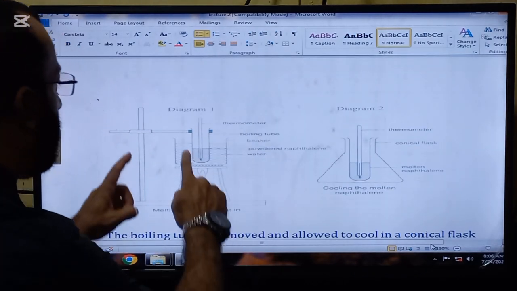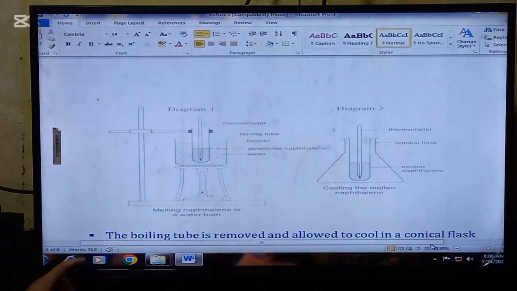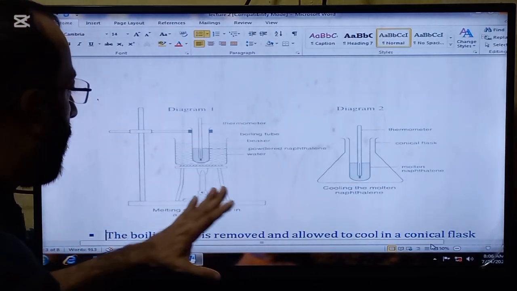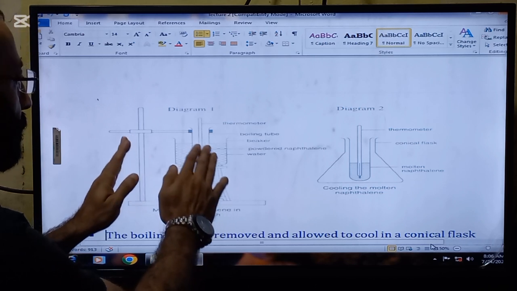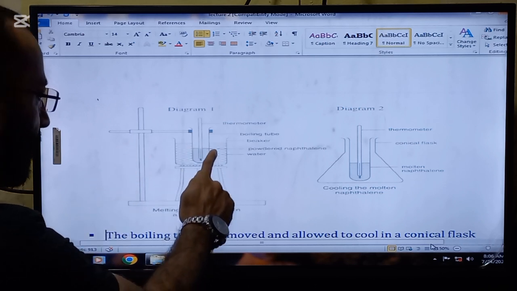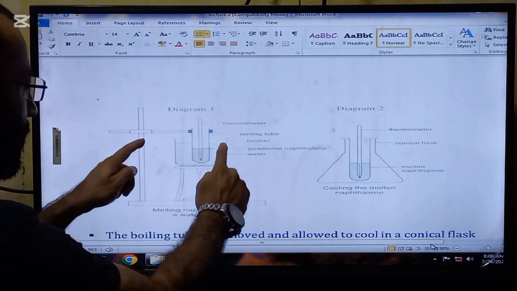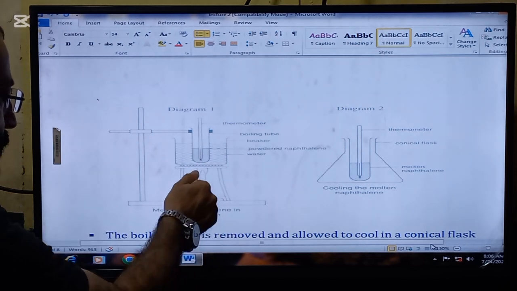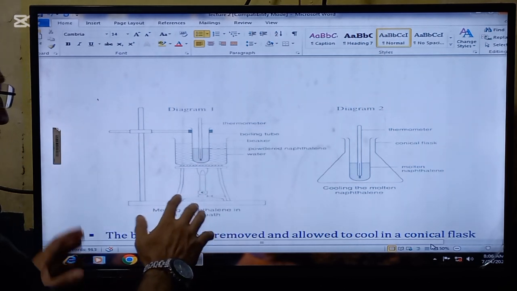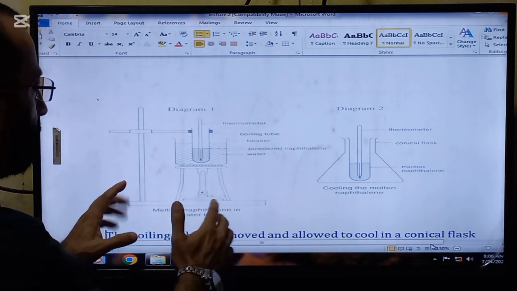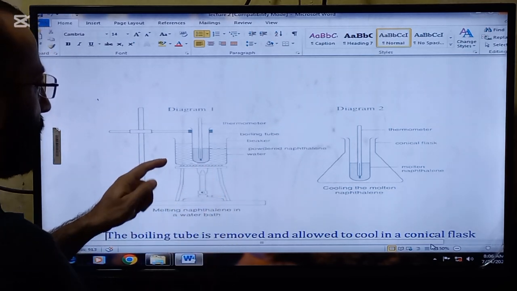So this is the arrangement of the apparatus. The tube containing the half-filled naphthalene powder will be heated in the water bath. Here is the water and here is the tub that is containing water. Through the Bunsen burner, with a low flame, the contents will be heated slowly until they melt.